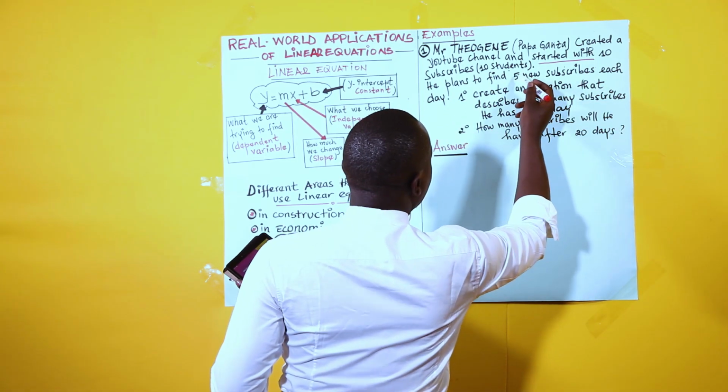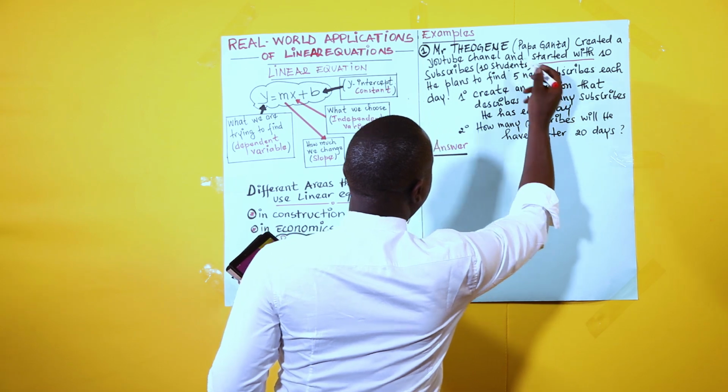Then he plans to find 5 new subscribers. It seems the value of x will change with 5.